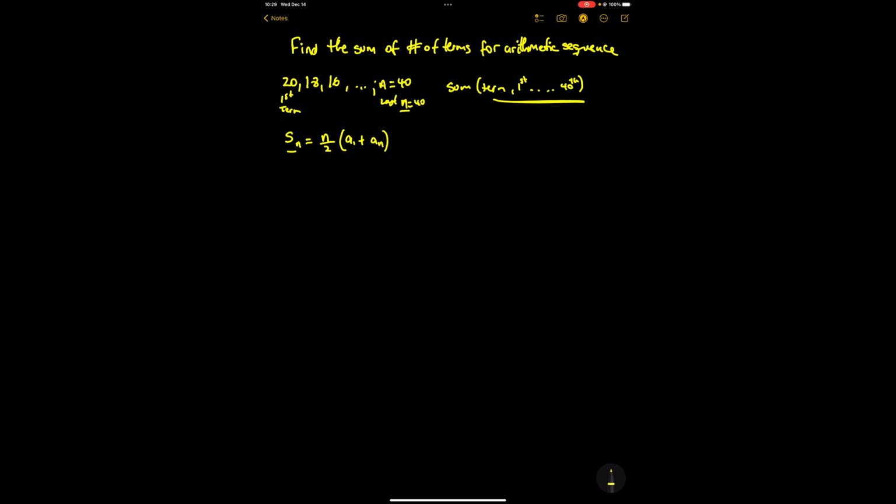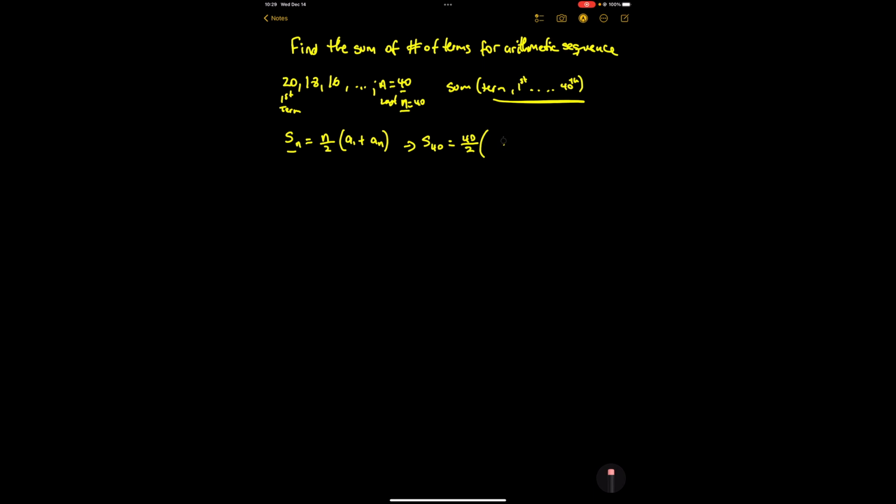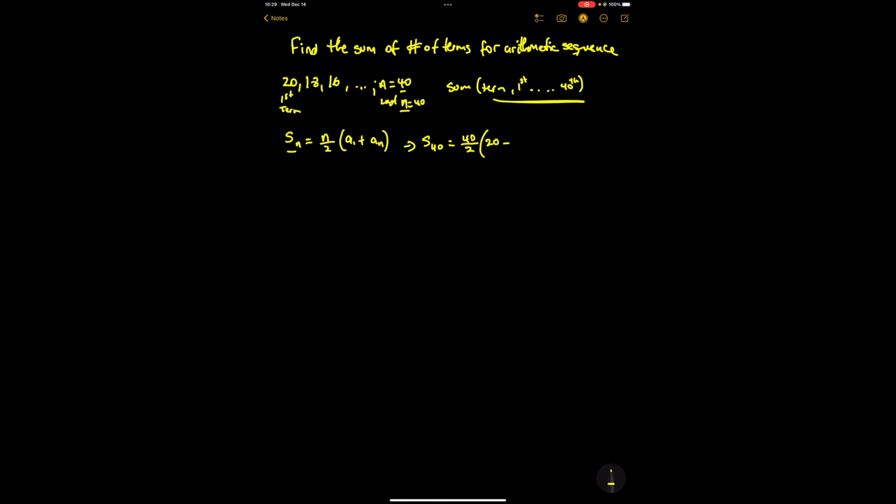So we know Sn, what is n? N is equal to 40. So S40 equals n over 2 times A1 plus AN. What is A1? We are given A1. A1 is 20, which is the first term, plus AN, we don't know AN. Now, we need to find what AN is. And this is where we go back to the arithmetic sequence formula.